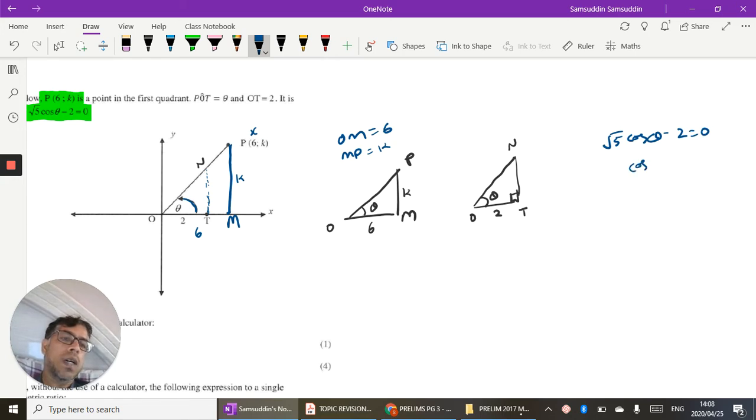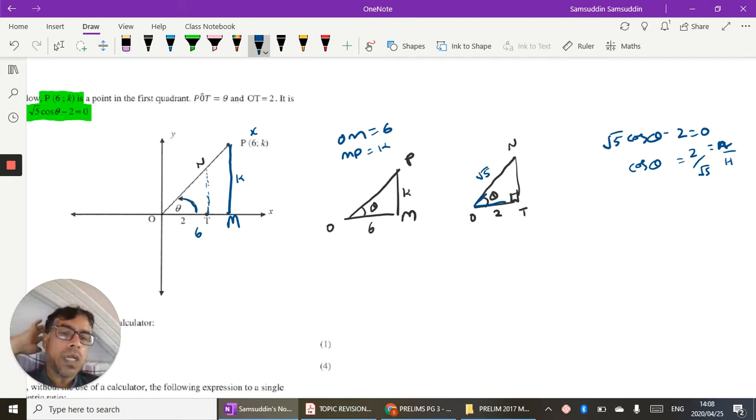If I simplify, cosine theta equals 2 over root 5. So it tells me my adjacent is 2 and my hypotenuse is root 5. Adjacent over hypotenuse is the definition of cosine theta. So this is related to the second triangle, where my adjacent is 2 and hypotenuse is root 5.